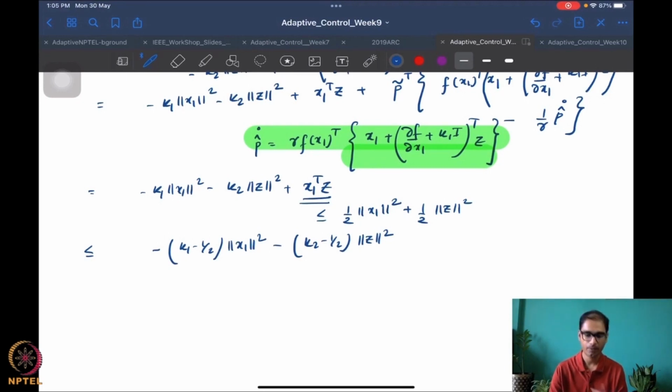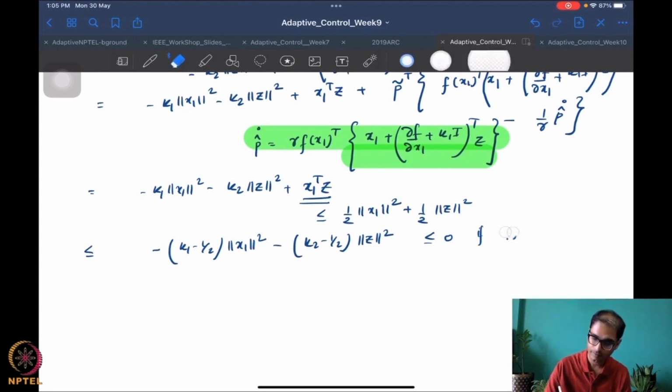As usual, I prove that x1 goes to 0, z goes to 0, and because z goes to 0 and x1 goes to 0, I can easily show that x2 also goes to 0 as t goes to infinity, just like before. So nothing changes in those steps.